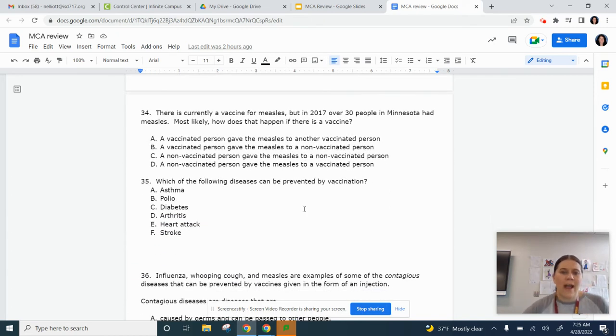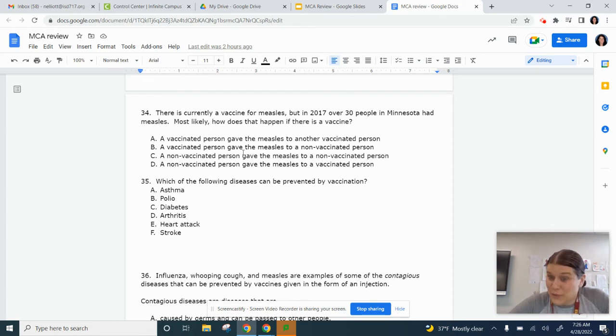34, there is currently a vaccine for measles, but in 2017, over 30 people in Minnesota had measles. Most likely, how does this happen if there is a vaccine? A vaccinated person gave the measles to another vaccinated person. Now, before you answer any of these vaccination ones, remember we live in perfect MCA world where everything works great all the time, okay?